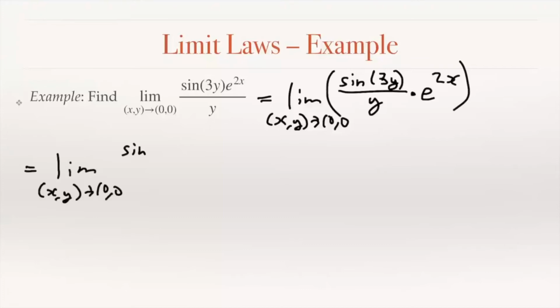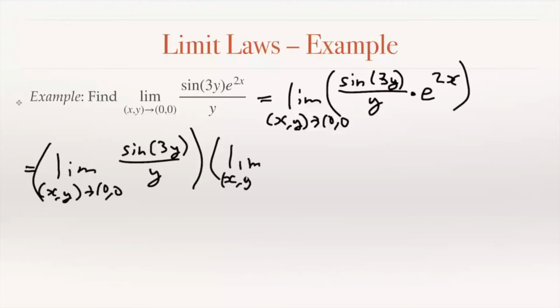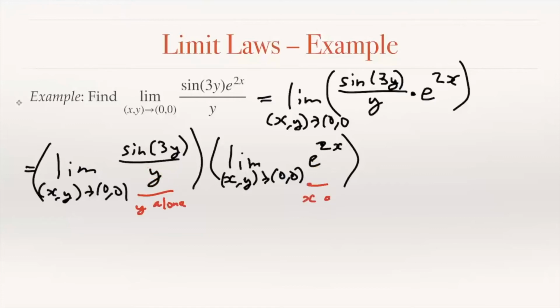So in this case, those two different limits are the sine 3y over y part and the e to the 2x part. And now each of these is of one variable alone. This is of y alone, and this is of x alone. And that means that they become single variable limits. So at that point, we can just use ordinary calculus 1 limit finding.